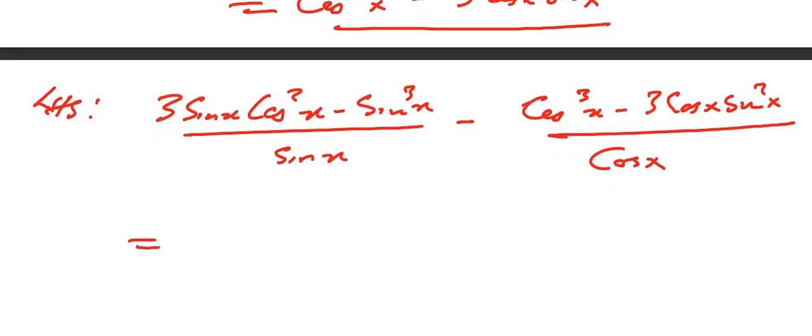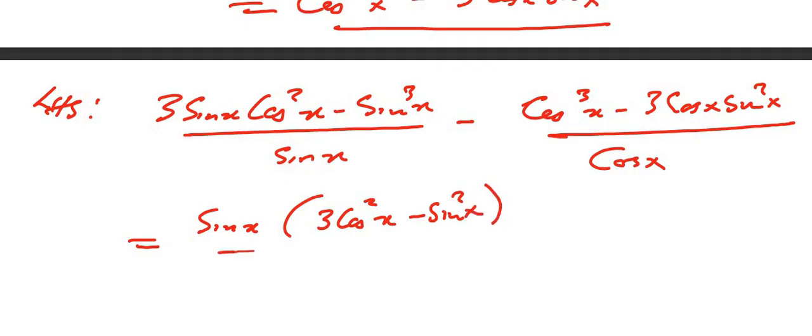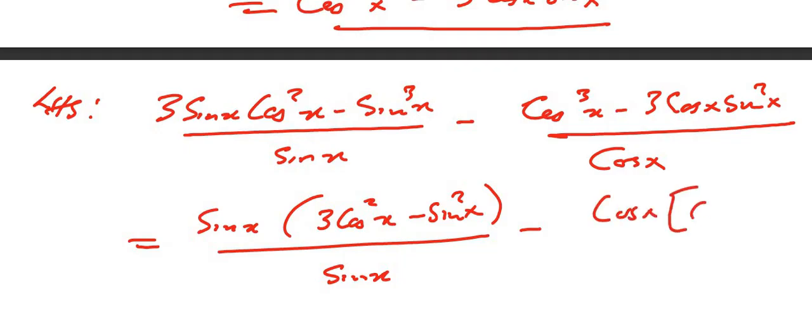From here, we notice that on top there's something common, which is the sine. We can factorize one sine on top, so we'll have 3 cos squared x minus sine squared x over sine x, minus, on top we can factorize a cos x. What remains is cos squared x minus 3 sine squared x, and there's a cos x below.